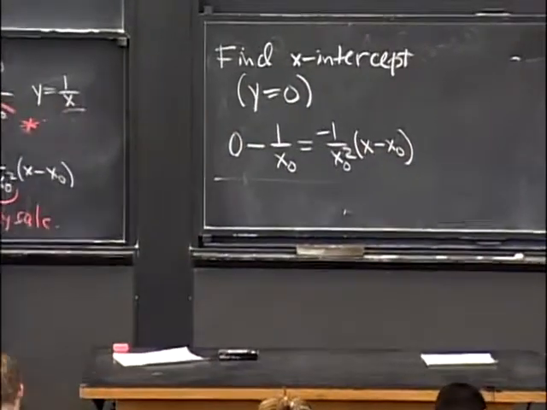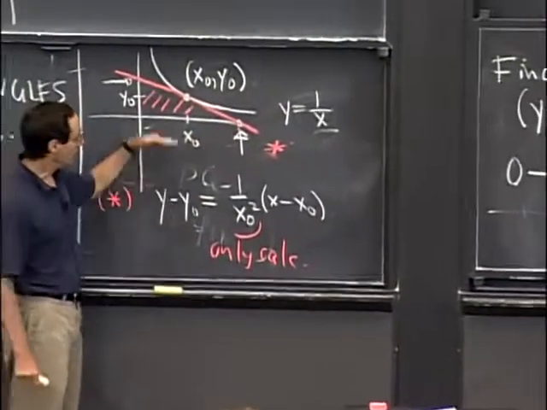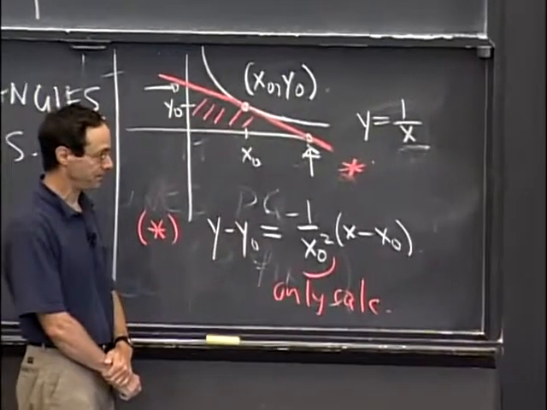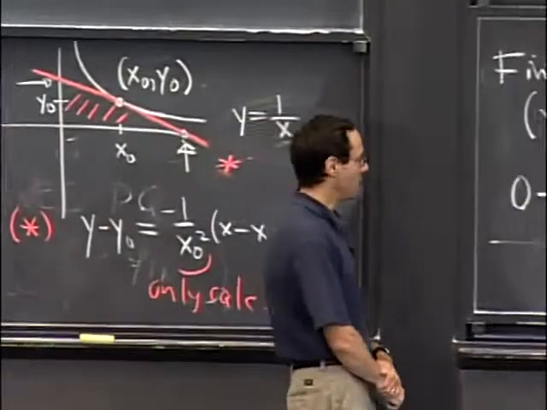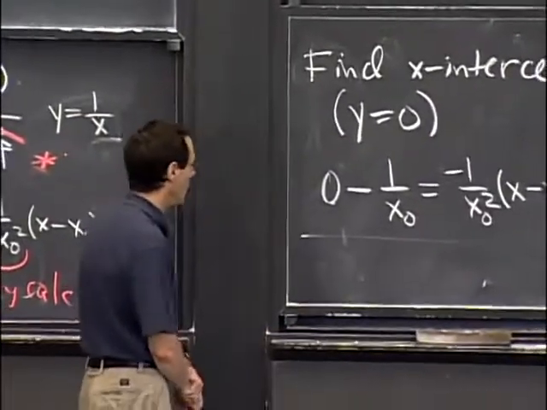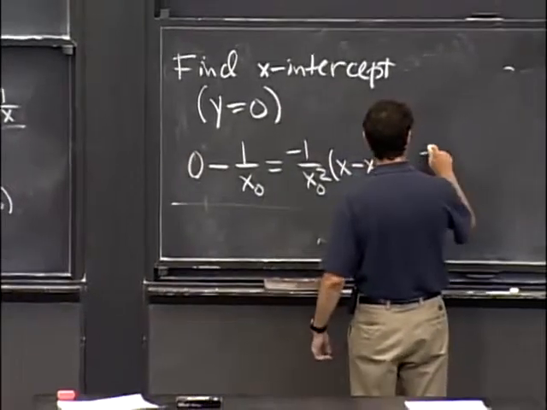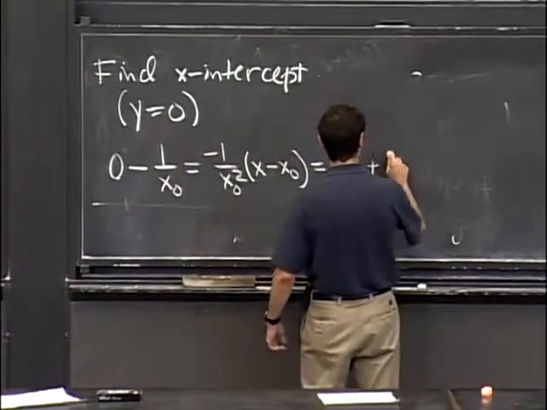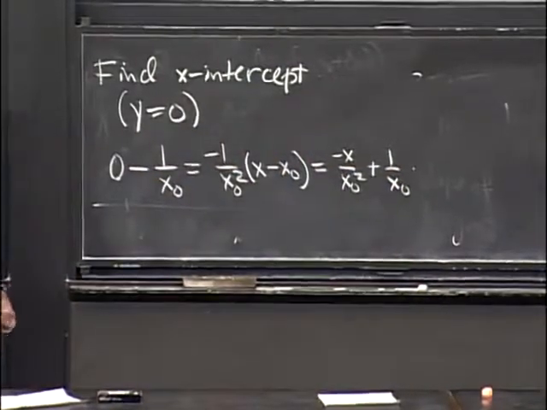All right? So in order to find this x value, I have to plug in one equation into the other. So this simplifies a bit. Let's see, this is minus x over x0 squared, and this is plus 1 over x0, because the x0 and x0 squared cancel somewhat.